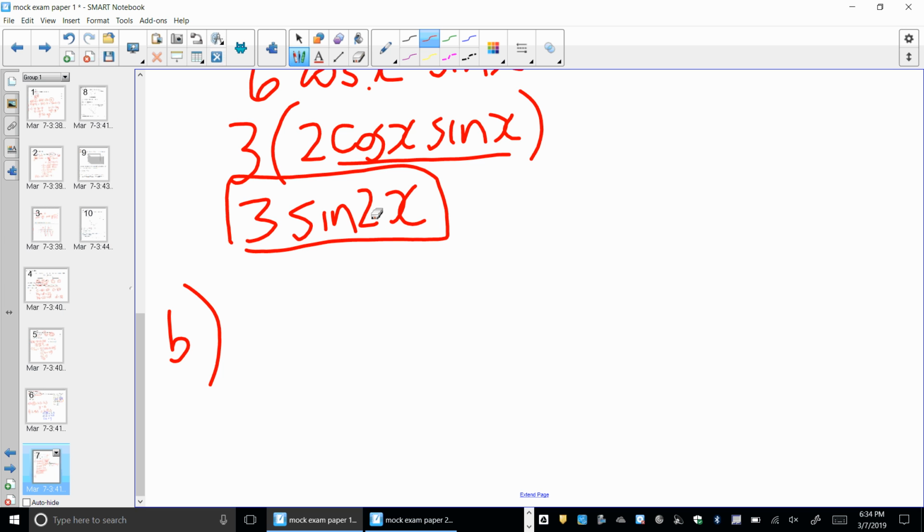This number here affects the period, which affects where the x values are situated, or how long it takes to do a cycle. But that's not important for this particular question. So it's this we're interested in. That means we know this particular graph would be going up to 3 and down to -3. However you write that, it's your call. But there we go, that's our range.